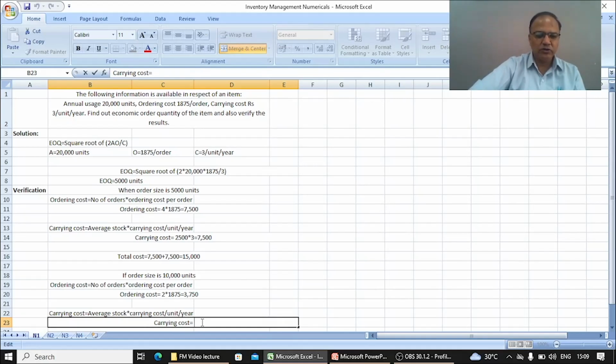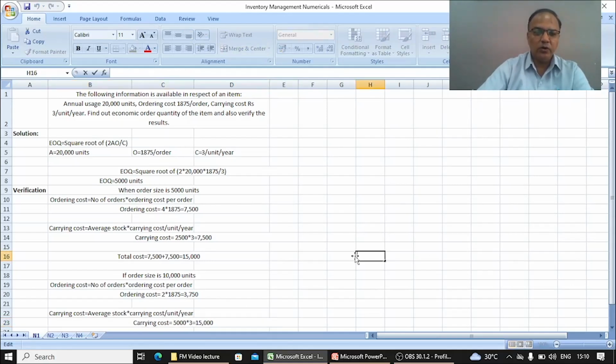To find out carrying cost, we have a formula: average stock into carrying cost per unit per year. Here, because you are giving an order of 10,000 units, you have to maintain an average stock of 5,000 units. If you multiply by carrying cost per unit, which is 3, it will be 15,000 rupees.